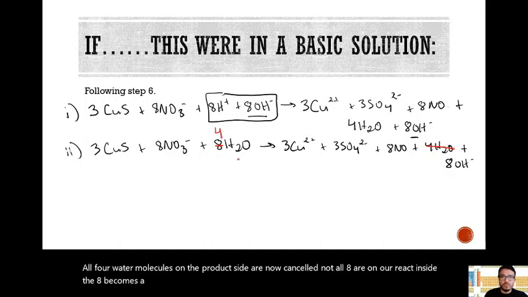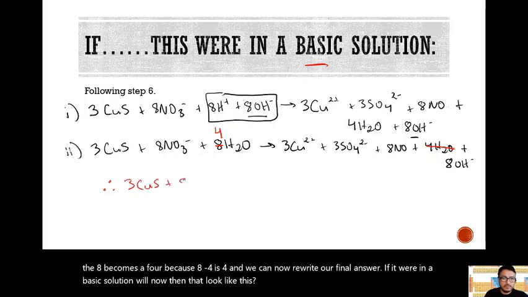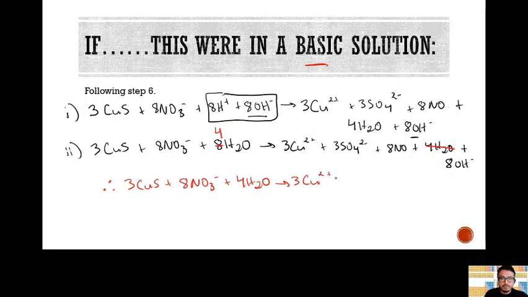Because 8 minus 4 is 4, and we can now rewrite our final answer. If it were in a basic solution, it will now look like this. And now that's your final answer in a basic solution.